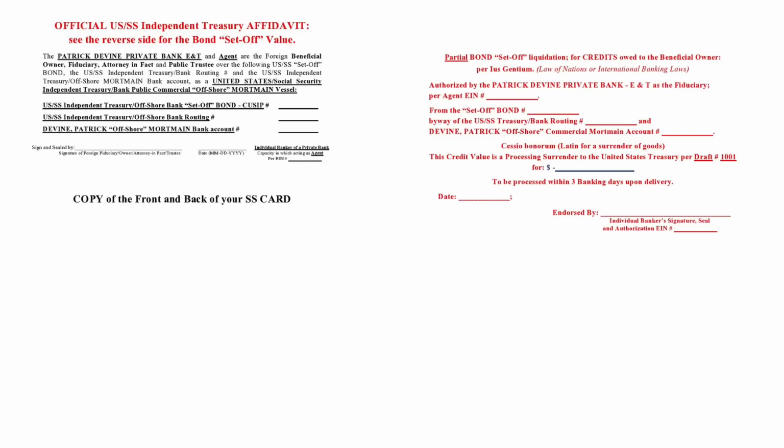Like when I used it and bought the car, I used it in the private. I bought the car in my private bank's name. I didn't buy it in my name. The car belongs to the Patrick Devine Bank and Trust, or private bank, Estate and Trust.